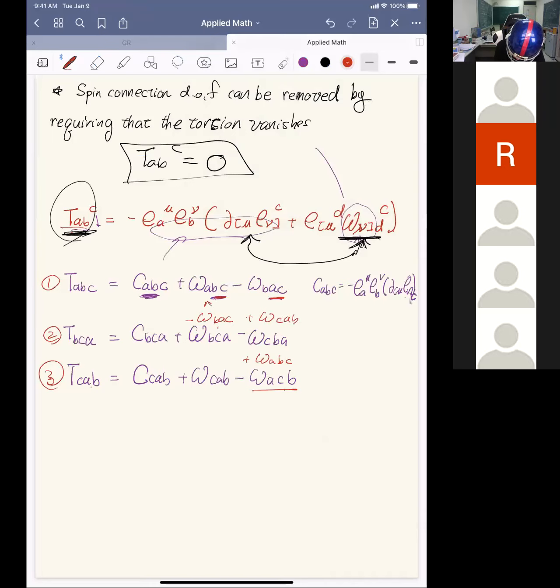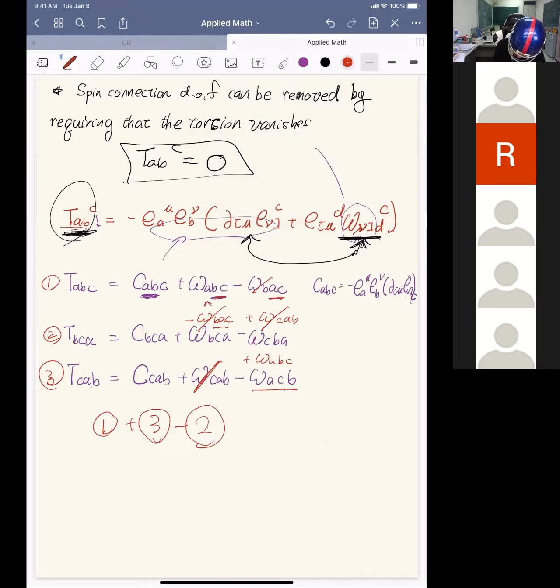Then you see that if I take equation 1 plus equation 3 minus equation 2, the omega_CAB in the minus of equation 2 cancels with this one, and the minus omega_BAC cancels with this one. They have the same sign, so these two cancel.